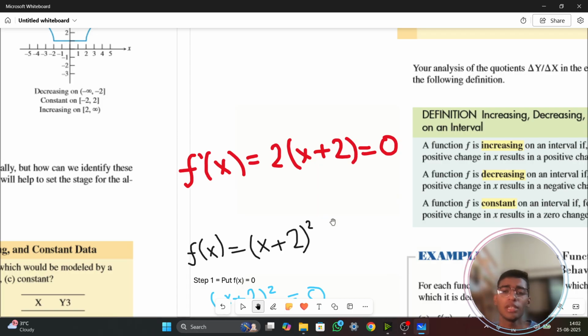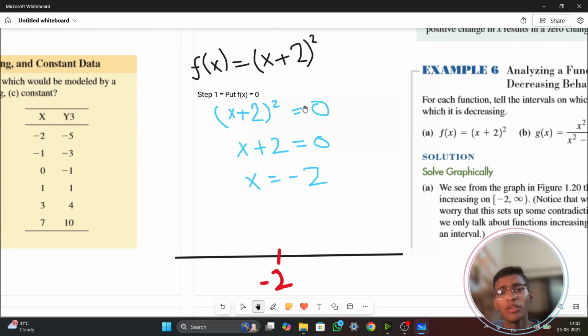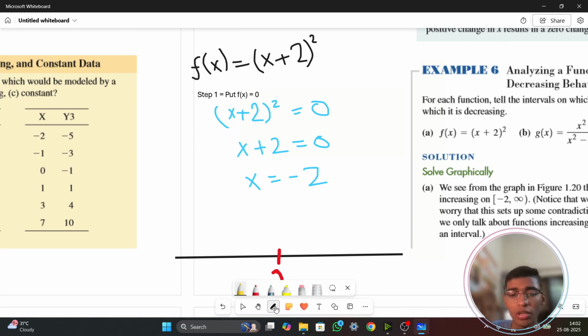But if you put it directly into the function, let's see what value the function gives us. At minus 2, I'll be getting y equals 0. At x equals minus 3, minus 3 plus 2 is minus 1, minus 1 squared is 1, so I'm getting a positive value.